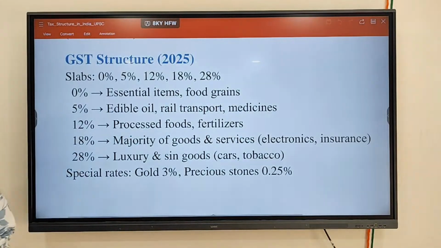Daily essential goods you are using. Petrol, diesel, natural gas will not come under GST. There is a separate tax for that. Why didn't they put it under GST? Alcohol, that will not come under GST.